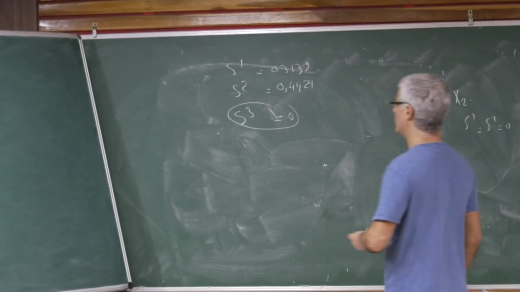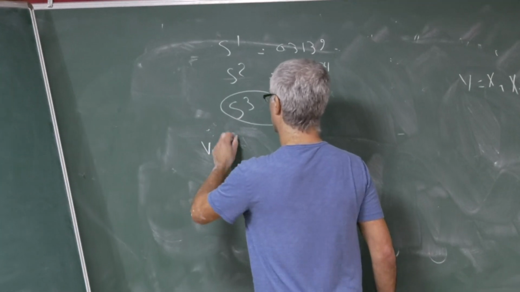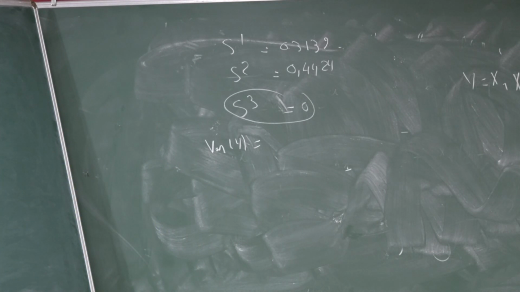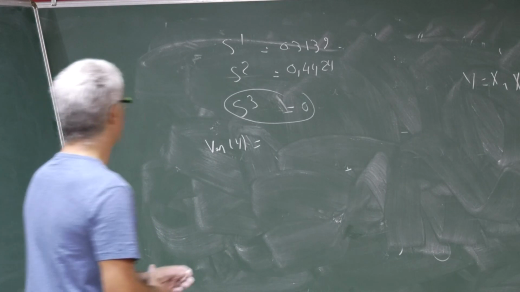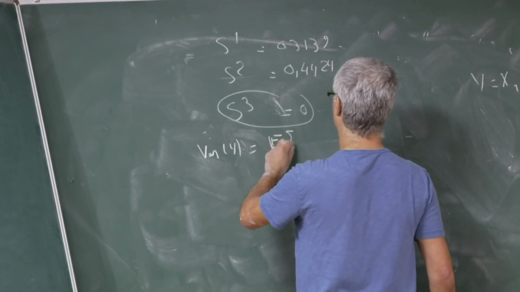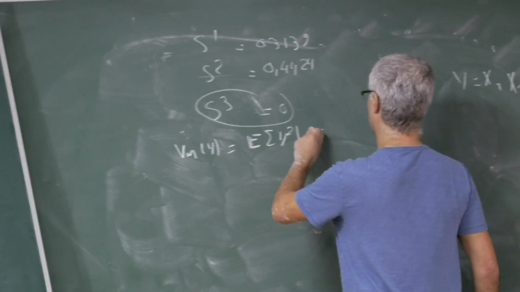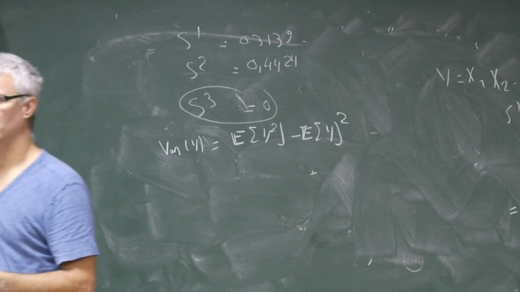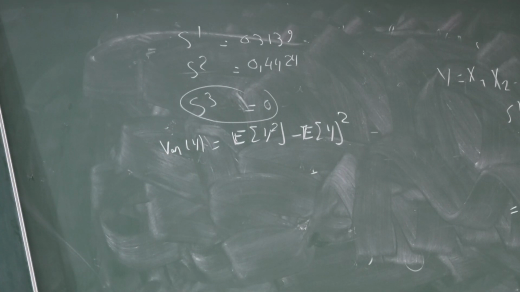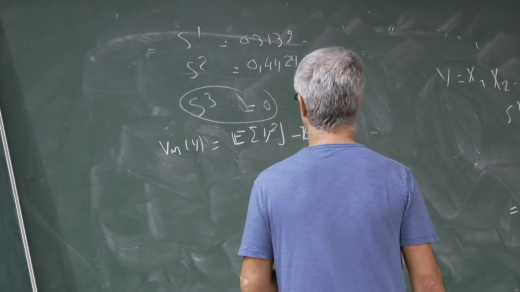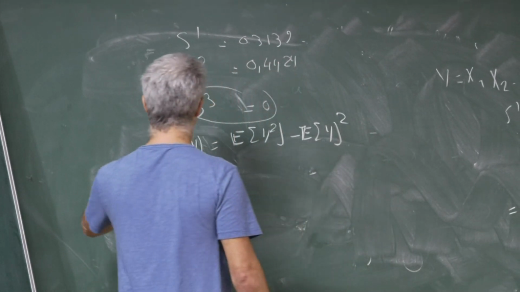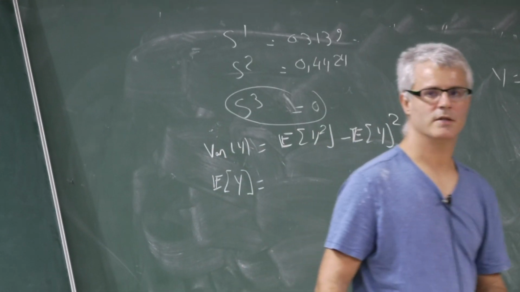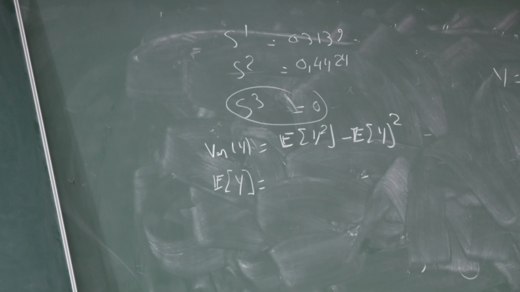So you want, for example, to compute the Sobol indices, you need to compute the variance of y. So for that, we will compute the expected value of y squared minus the expected value of y, squared. So for example, what is the expected value of y?